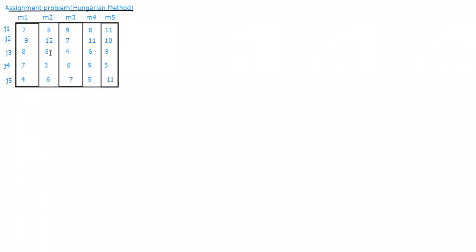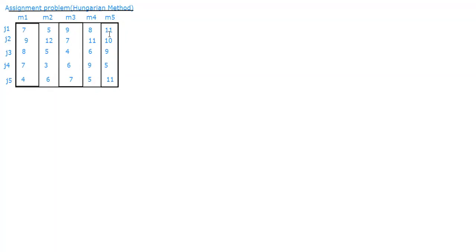I need to find the answer, but having so many digits is difficult for me, so we are cutting down the digits. How do I cut them down? From the row, I will see which one is the minimum cost. First we go with the row, then we come down to the column.